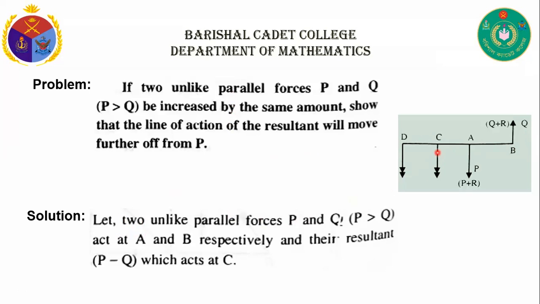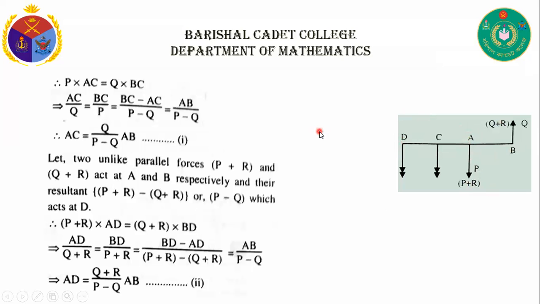If we add the same force R at A and B, that is P plus R at A and Q plus R at B, then the resultant of these two forces acts along D. We have to find out which is greater, AC or AB. First, from the first figure we know that P into AC equals Q into BC.